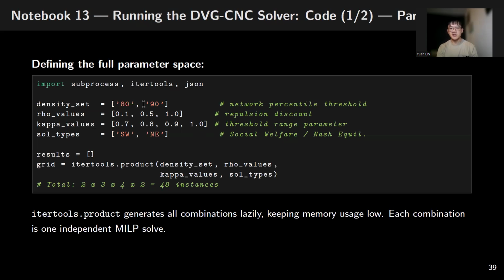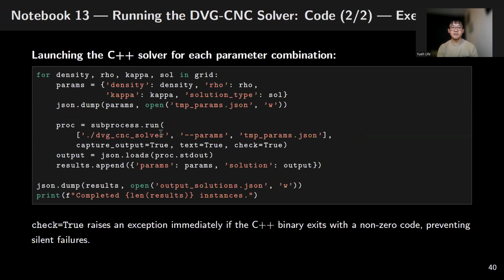And the density set is 80 and 90. So we got all the parameter settings here. We create a grid of those instances, and for each group we created parameter settings and asked to run those files. The CPP file has been prepared to run with those different settings. For the settings, we can take input of the trade, we can take input of the covotes, and run them together.